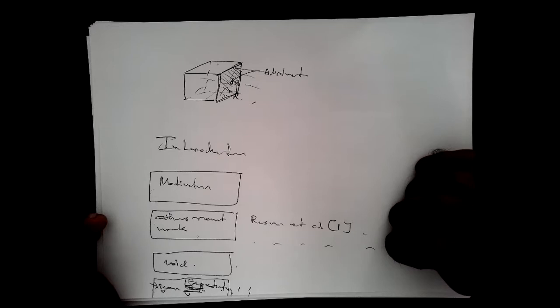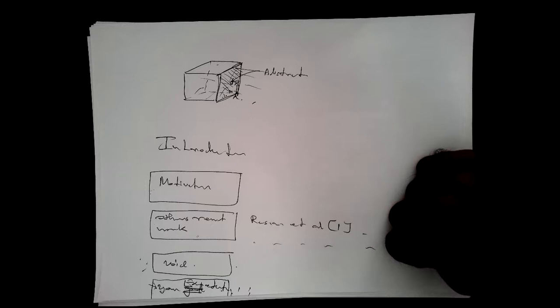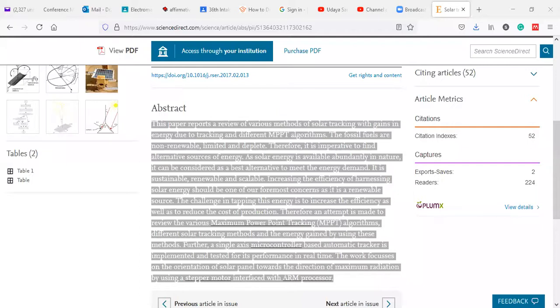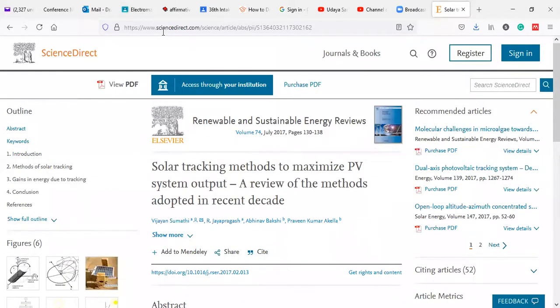Okay. Anyway, this is a quick method of reading a paper. Now I will give you an exercise. Find a paper from Google Scholar. How to go to Google Scholar? This is the way. Google Scholar.